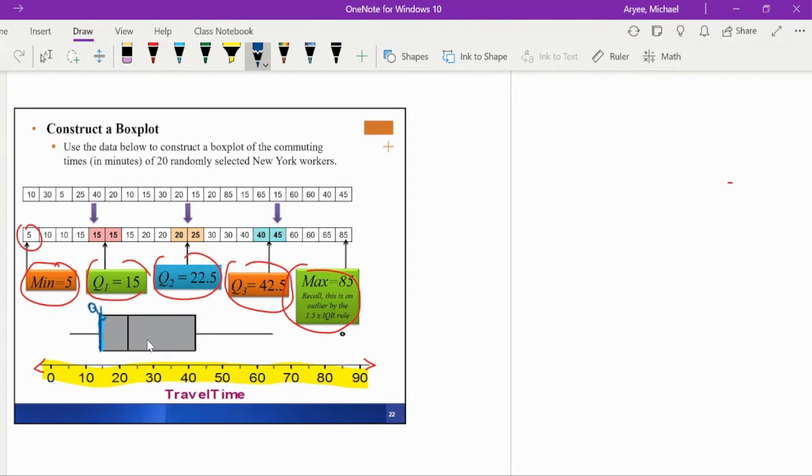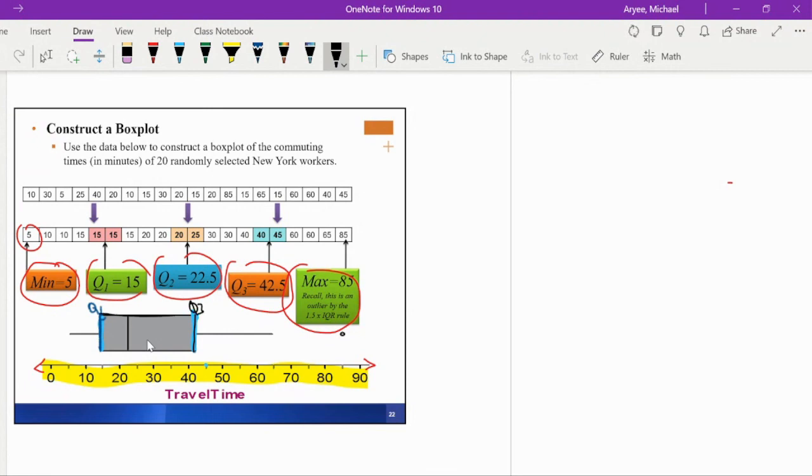Second, make a line for Q3. Q3 is 42 point something, this is 40, this is 45, so that's somewhere here. So make a line for Q1, make a line for Q3, so this is Q3.